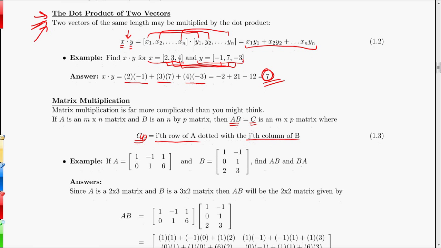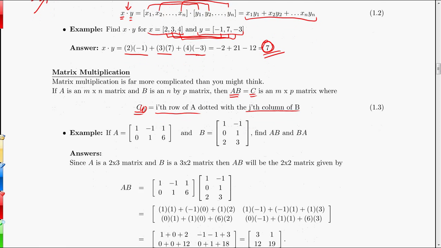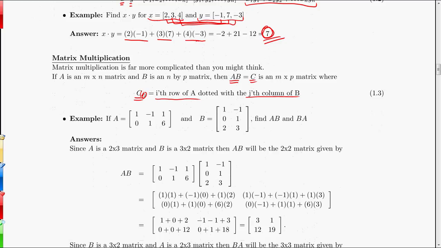Let's do an example because it's kind of messy. Suppose I have this matrix A, which is a 2 by 3 matrix, and B is a 3 by 2 matrix. Notice these internal numbers: the number of columns in A and the number of rows in B must be the same.